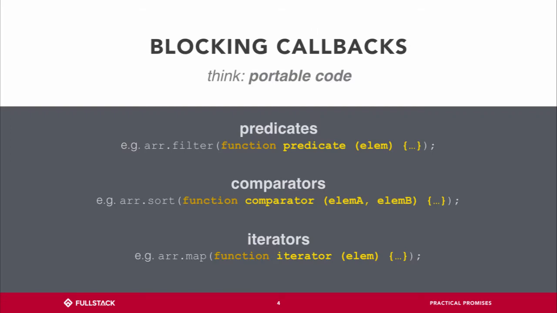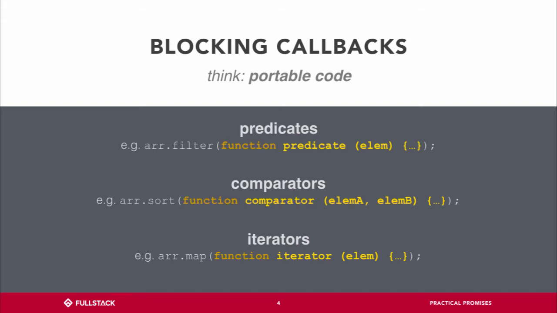You could think about the blocking callbacks, where they're not asynchronous. Things like an array has a filter method, and filter will get called on each element in the array, and that's not going to be an asynchronous operation.